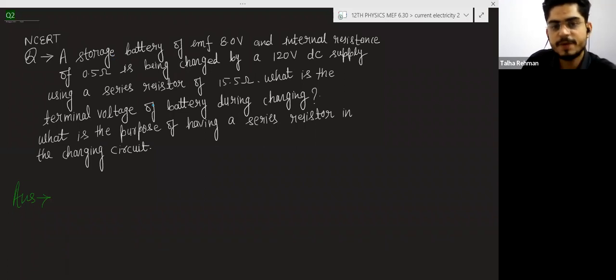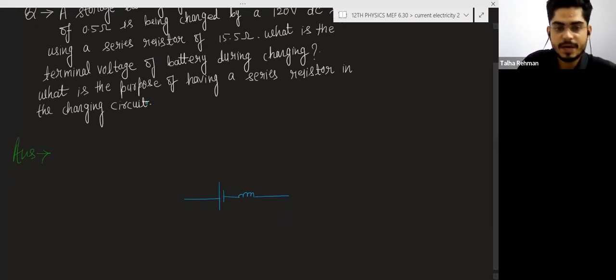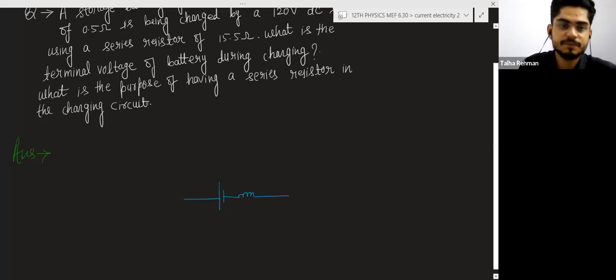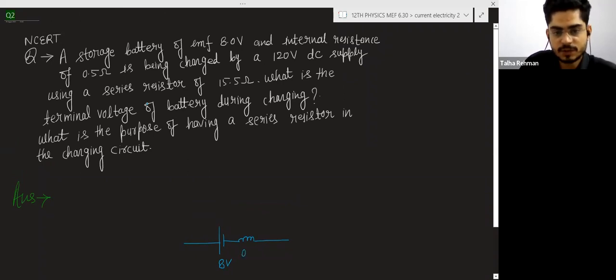A storage battery of EMF 8 volt and internal resistance 0.5 ohm. We have a storage battery like this, and this battery has an EMF of 8 volt and internal resistance of 0.5 ohm.